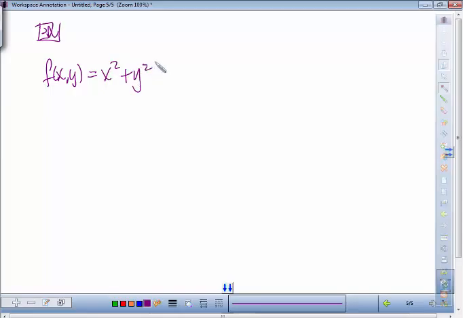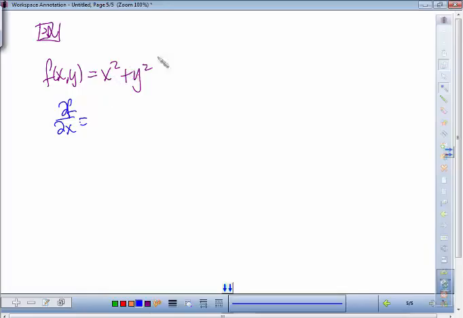Nothing like an old paraboloid to get us started. We can find df dx by taking the derivative of this with respect to x and pretending that y is a constant. Now, if y is a constant, you can just pretend it's 5 or 7 or something like that. Don't pretend it's 0, because 0 is a special constant.